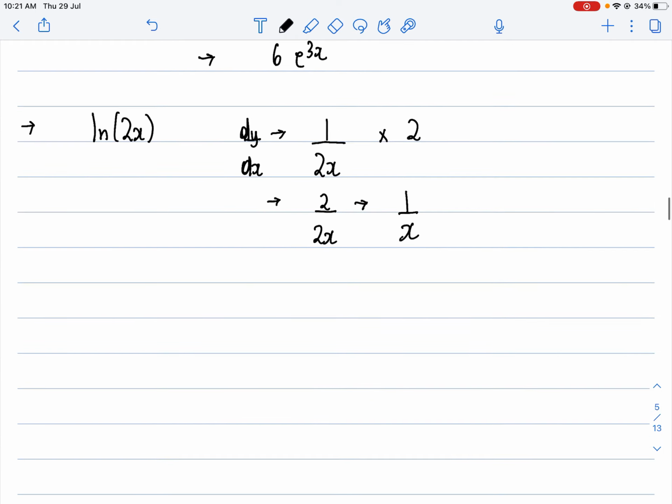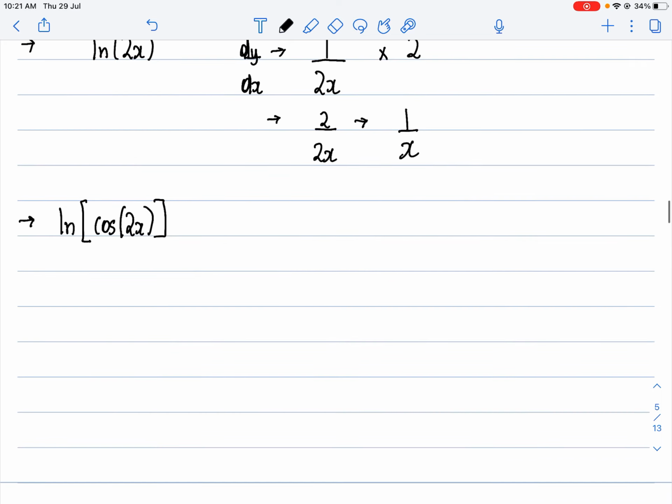But now, what if you get something like ln cos 2x? So this is a logarithm with a trigonometric function also. So first, for my dy by dx, go bracket by bracket.